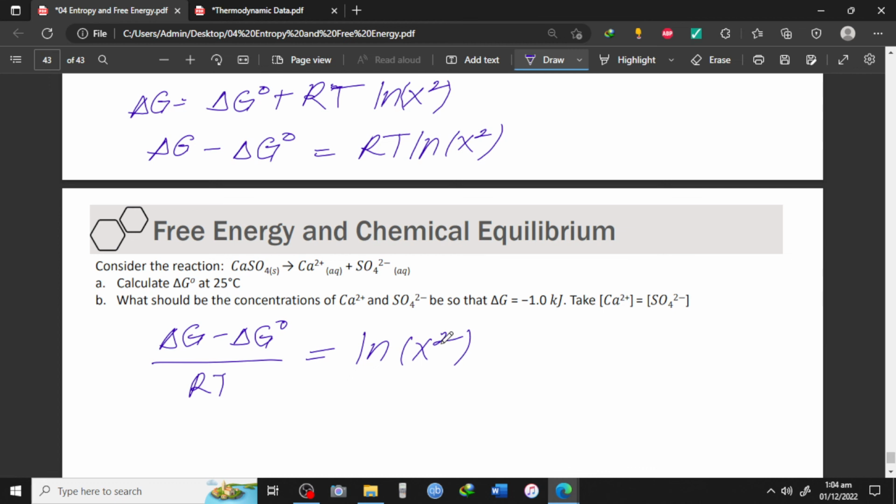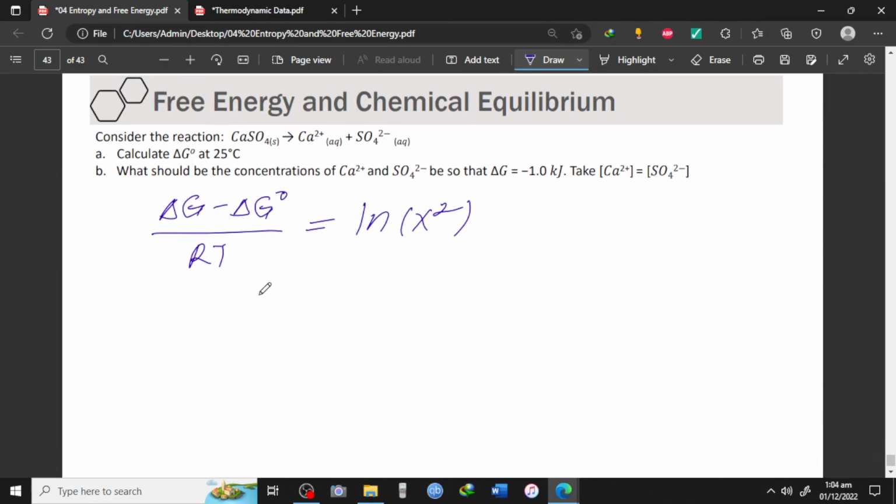Okay? From here, anong pwede natin gawin? Gawin din natin yung Euler's number ulit, yung tinuro ko kanina. Tapos at the same time, tanggalin natin yung x dito, kasi ina-assume lang din naman yung exponent na to dito. Kasi ina-assume naman daw natin na calcium and sulfate are equal. So, Euler's number, e to the delta G minus delta G naught over RT is equal to x squared.